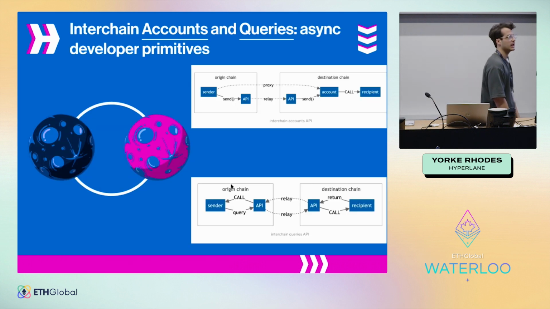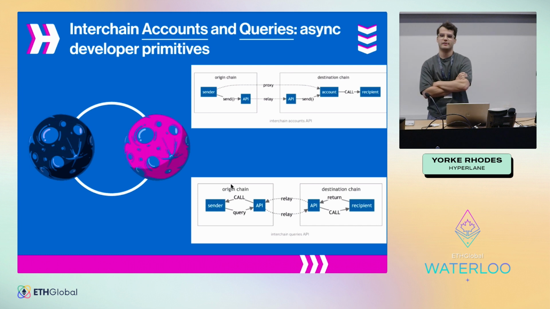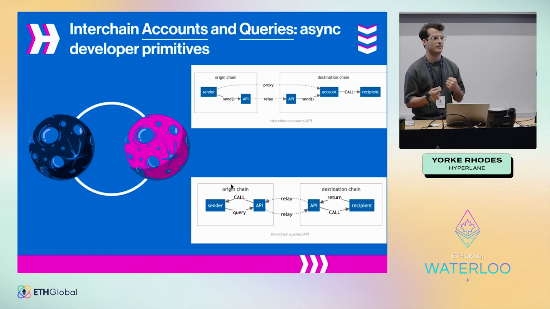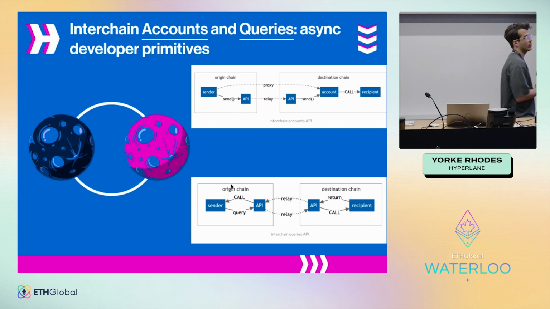We also have this concept of interchain accounts and interchain queries, which again is an API that as a developer you can use, that simplifies some of this cross-chain control flow. So interchain accounts are basically a way for you to have a contract on one chain own assets, or do actions atomically on another chain.